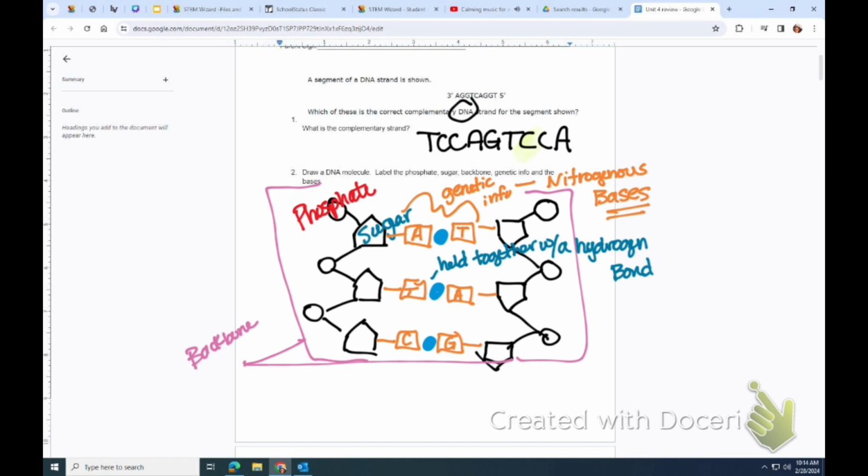And that is the entire structure of a DNA molecule. So if you were asked what makes the backbone, it's the phosphate and the sugar. If you were asked what makes the genetic information, you would say nitrogenous bases.